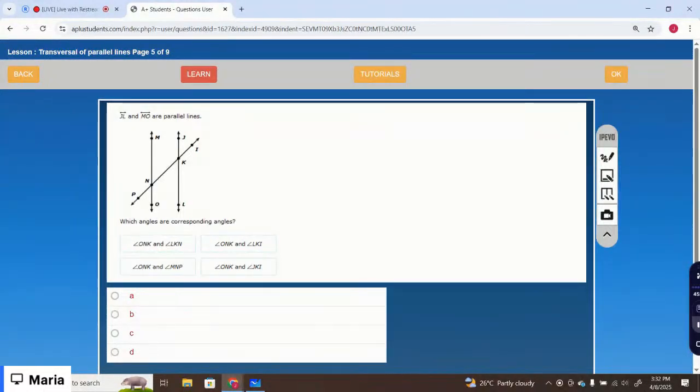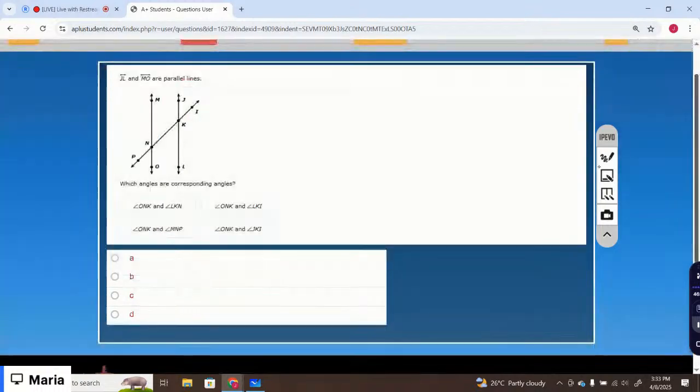J, L and M, O are parallel lines. Which angles are corresponding angles? Option number B is the correct option.